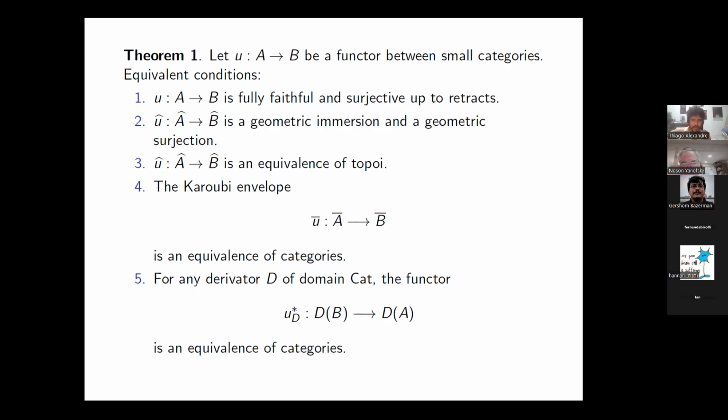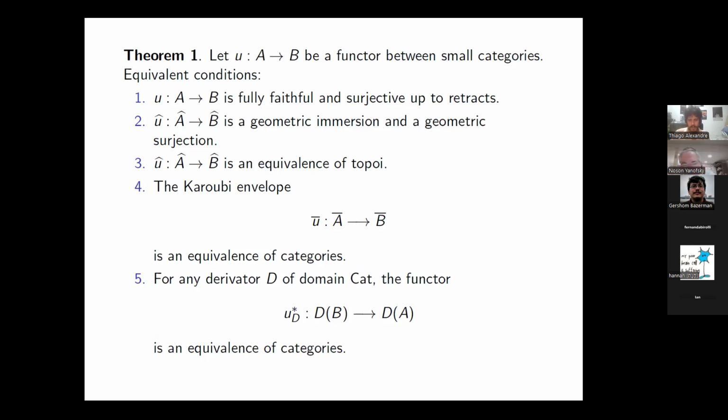Of course, many categories can have equivalent toposes of sheaves, but when you do this operation, you actually compute the essential points of the topos. This is one of the ways to present the Karoubi envelope.